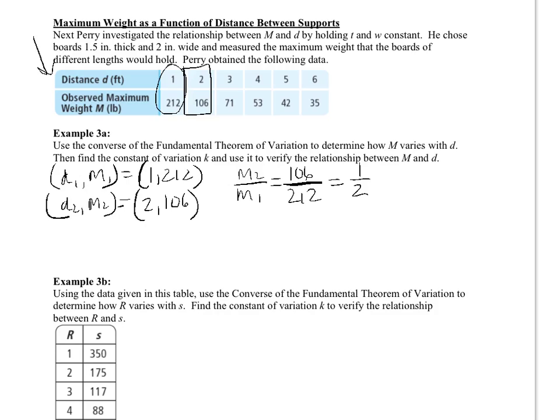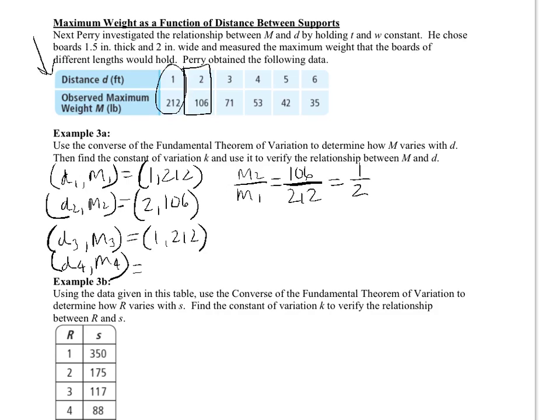Now let's do d3 and m3 and d4 and m4. We're going to pick 1 and 212 again, because we like those numbers, for d3 and m3.